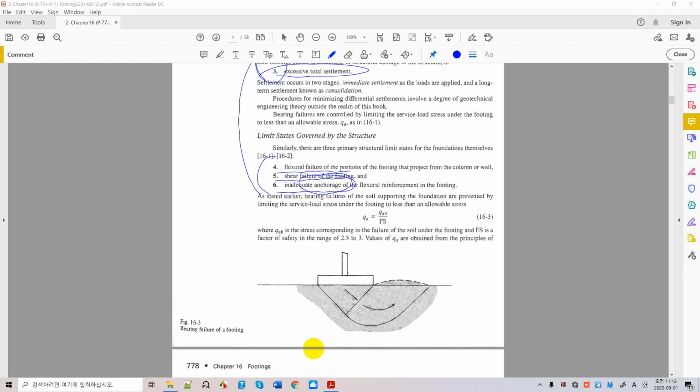The allowable soil stress, which is QA, is calculated by dividing QLT by a safety factor. QLT is the stress corresponding to the failure of the soil under the footings.